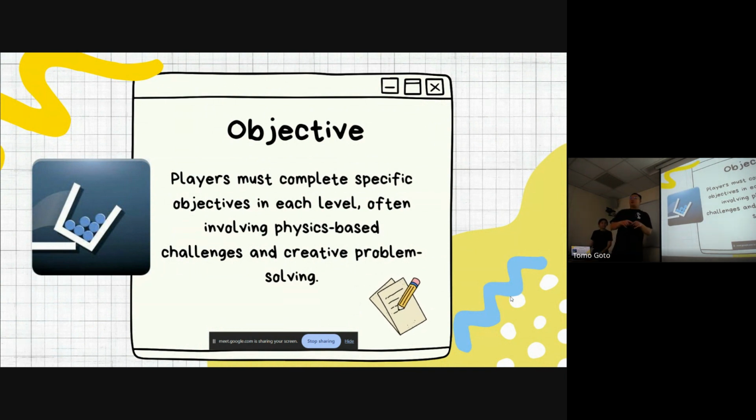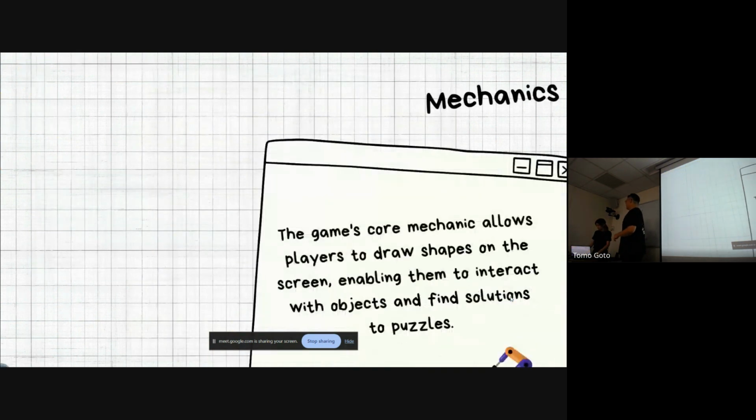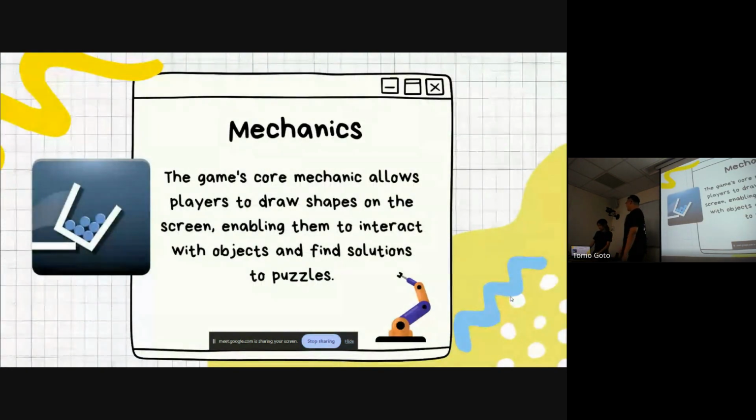In each level, there's a drawing or a text, so the game tells you what to do. It involves physics-based challenges and creative problem solving. The core mechanics allow you to draw shapes on the screen, interact with the objects, and find solutions to the puzzles that are given.